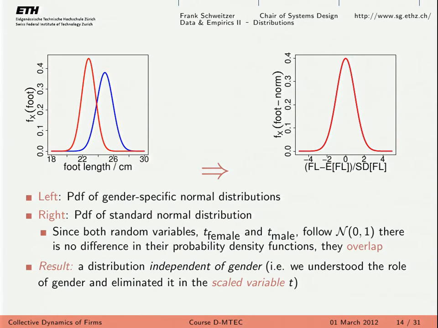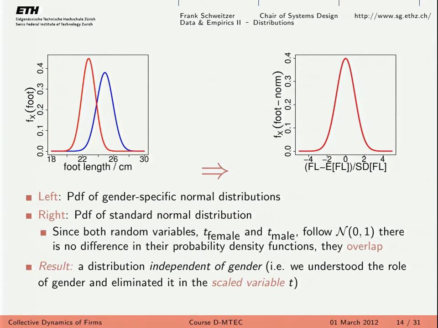So I was able to merge the different distributions in one master curve, once I got the right scaling idea about what is the new x and what is the new y, right? So that means instead of talking about different distributions for different genders, or later talking about different distributions of growth rates for small firms and big firms, that was the example we already used, we talk only about one distribution, but this needs to have the right scaling of the x and the y-axis.